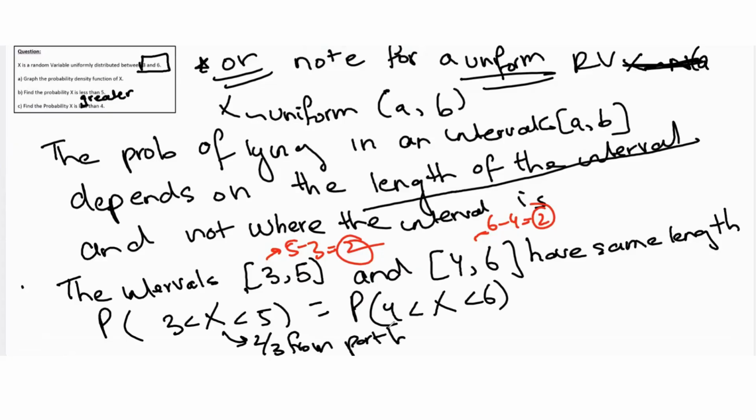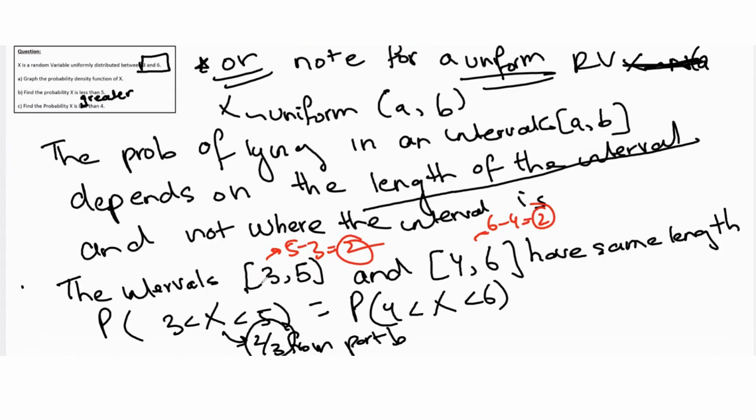So without even using the PDF or looking at its graph, we know the probability that X is greater than 4 and less than 6 is just 2 by 3. What we calculated earlier using the PDF and the graph was also 2 by 3, and this was not a coincidence. For a uniform random variable, the probability of lying in any subset of the interval AB over which its PDF is non-zero depends upon the length of the interval, not where it is located.